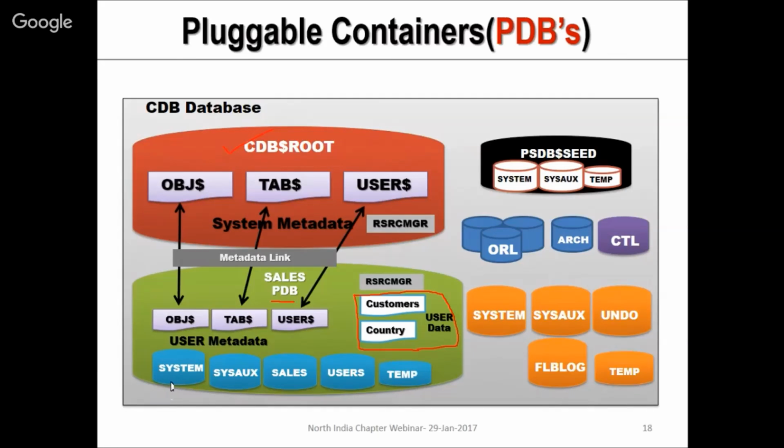And you can notice that we've got individual table spaces, system, sysaux, sales, as well as the users table space mentioned here. This user level table space is where the user level specific information is going to be created, which means you can notice that in the root container, we did not have users created, because it is not a good idea to have the users table space or such kind of table space in the root container, because the root container is not meant to create or manage any kind of user specific data.